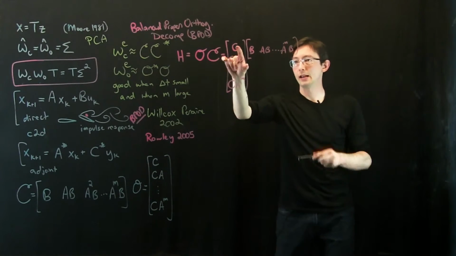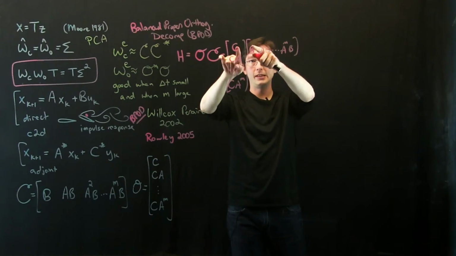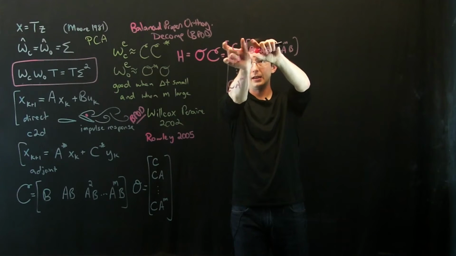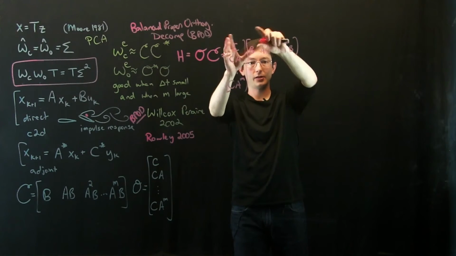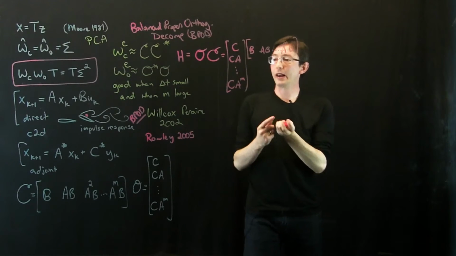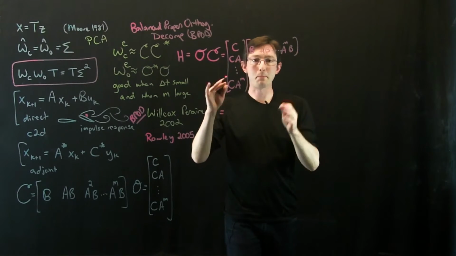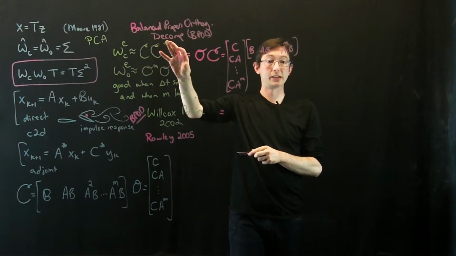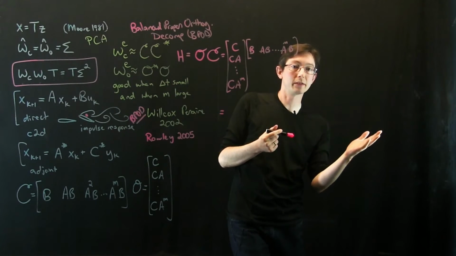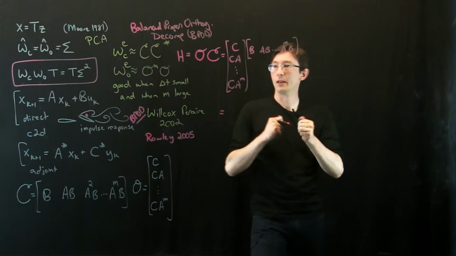And if I multiply this out, the inner dimensions match, so I can multiply this out, and what I end up getting is this big matrix that's called a Hankel matrix, H. Now remember our Hankel singular values? That's going to come into play here.